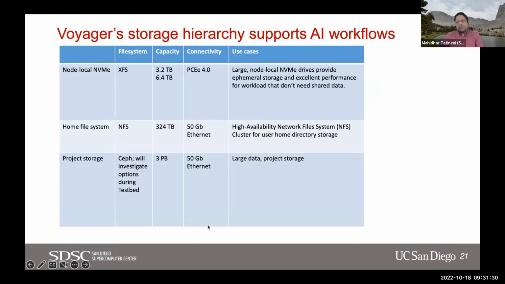So we have a storage hierarchy essentially on Voyager to support the AI workflows. So there is node local non-volatile memory, which is made available as an XFS file system. As I mentioned, 3.2 terabytes on the compute and inference nodes and 6.4 terabytes on the training nodes. So you have a fair bit of NVMe on each node that you can use for your training data sets.